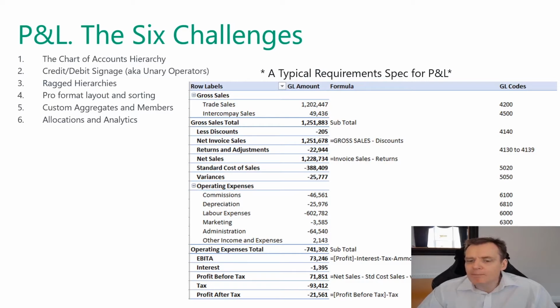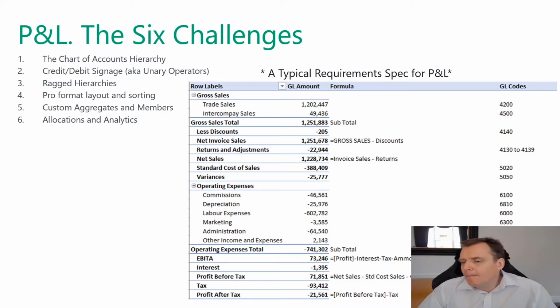They might draw up a draft in Excel, probably done using VLOOKUPs and macros, but at the heart of it, you'll have base roll-ups which come from GL codes, or account codes. Every time something's posted into the general ledger, it's stamped with an account code. And there might be natural roll-ups, so everything that has an account code of 4,200 goes into trade sales, for example.